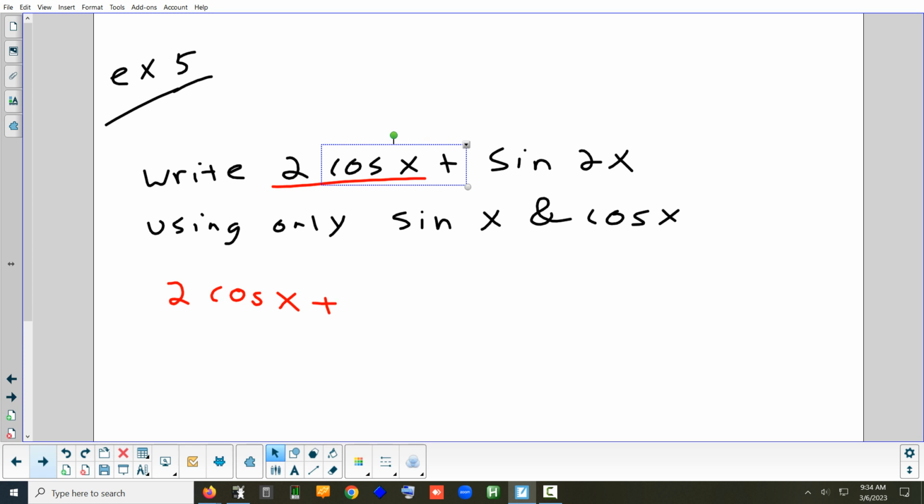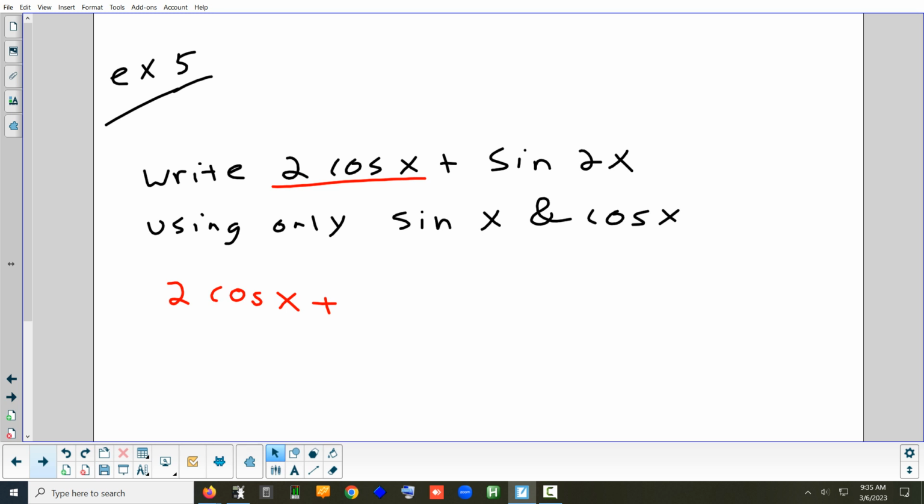But how about this second part? Sine 2x. Does anybody remember how we rewrite that without the 2? We don't want to go back through the proof every time to figure it out. We just want to remember the result here. Yep. Sine x plus x. Well, it would be sine x plus x, but then we have to go back through and simplify that.